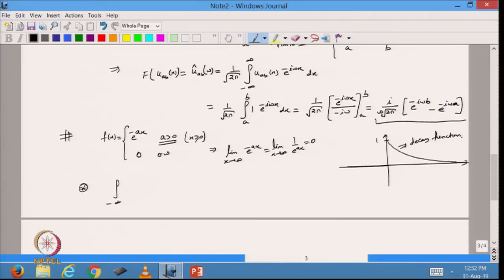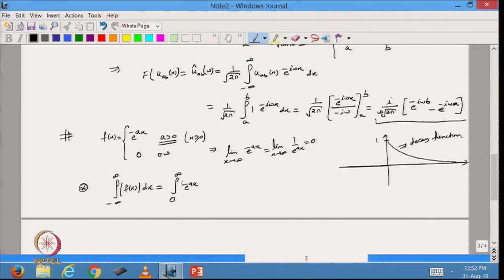So, I want to find the integral from minus infinity to infinity of |f(x)| dx. This is the quantity I am taking. My function is e raised to power minus a x from 0; it is defined only from 0, otherwise its value is 0.